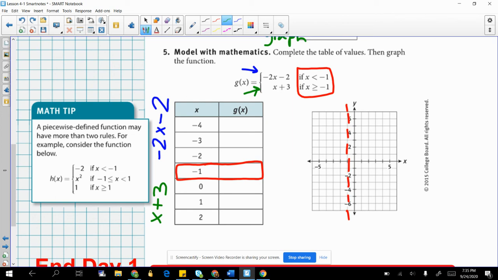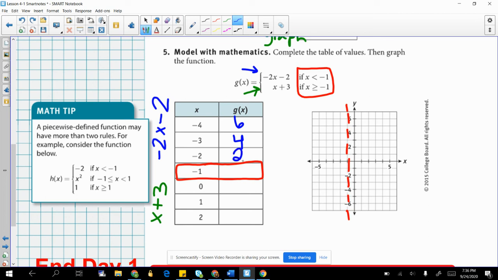Okay, so -2x minus 2. Now we're going to plug in those x values. So -2 times -4 is a +8. Minus 2, we should get 6 here. Then -2 times -3 is a +6. Minus 2, we should get a 4 here. And you can be doing this in your calculator. -2 times a -2 is a +4.